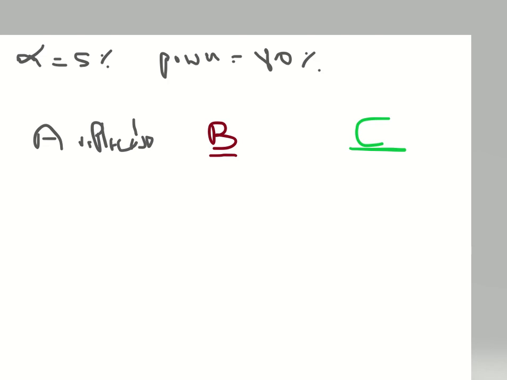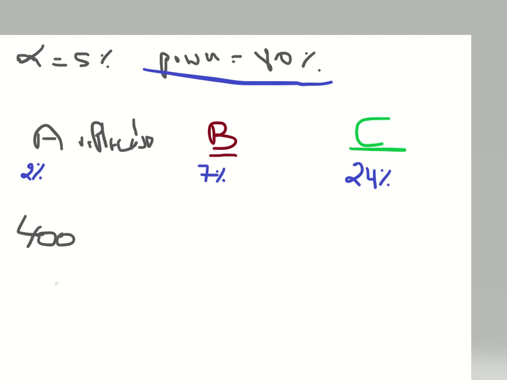And let's say that the effect size of this one is 2% change. This one is, let's say, 7% change. And that one is 24% change. Okay, so to be able to reach 80% power for each of these, you may need maybe 400 patients in this study.